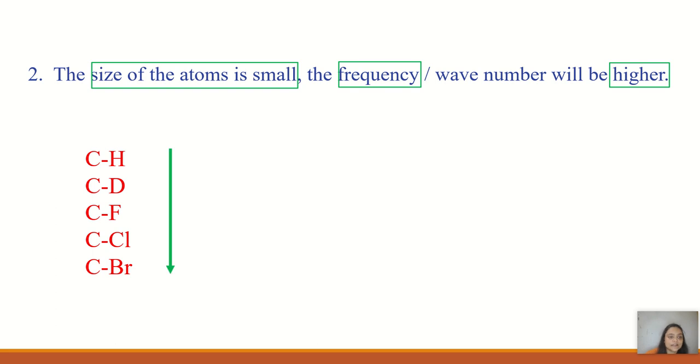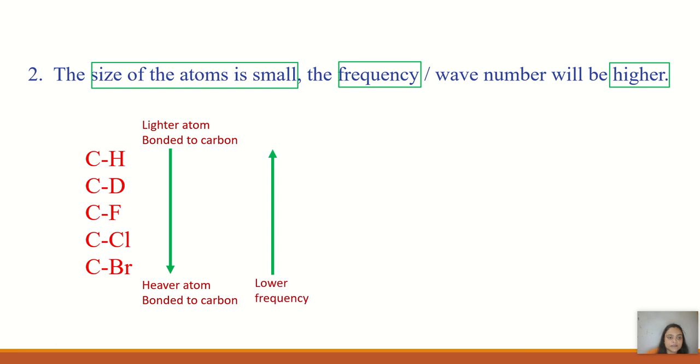Here we are taking a heavier atom bonded to carbon, and in CH a lighter atom bonded to the carbon atom. What will be the effect on frequency? As the atom becomes heavier, the frequency will be lower, and as the atom is lighter, the frequency is higher.